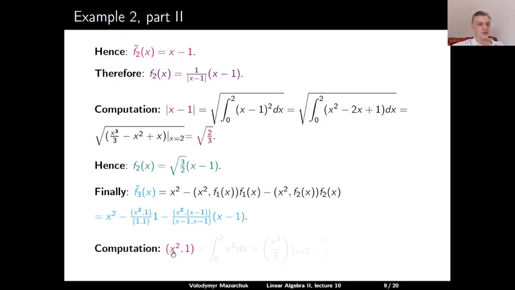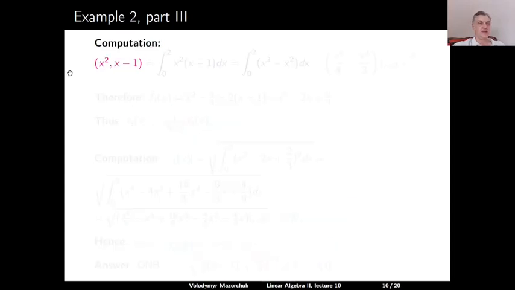The inner product between x squared and 1 is just the integral of x squared between 0 and 2. This is the evaluation of x cubed divided by 3 at x equal to 2. So this is 8 divided by 3. So you'll have 8 divided by 3 here in the numerator. The numerator of the second fraction is the inner product between x squared and x minus 1.